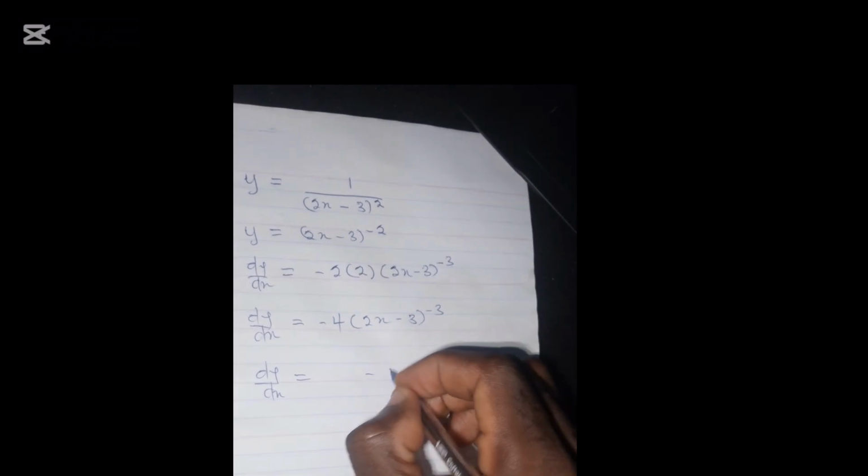So keep your answer like it was given to you. So it means you're going to have dy dx to be equal to negative 4 divided by 2x minus 3 all raised to the power positive 3. And that is your final differential.